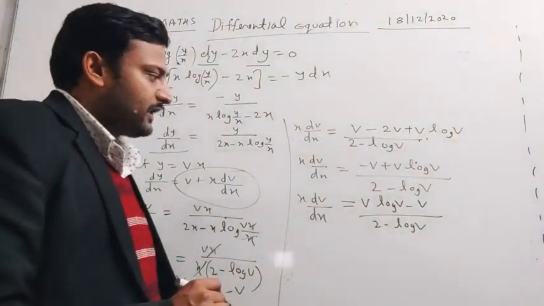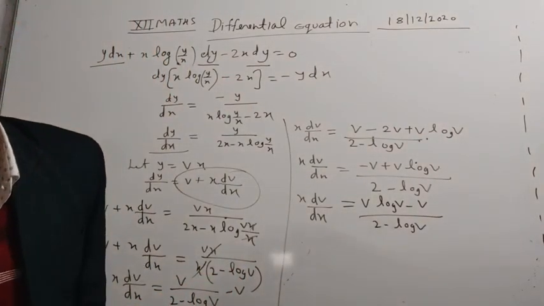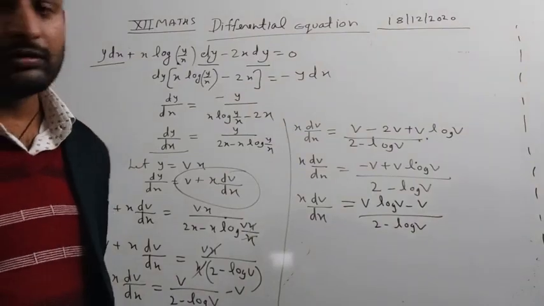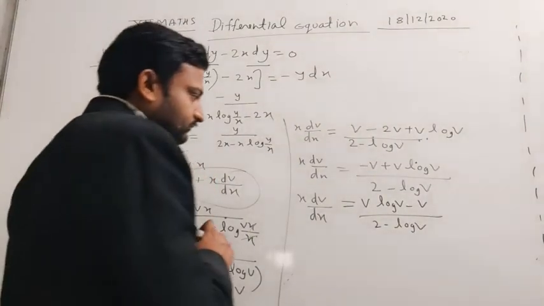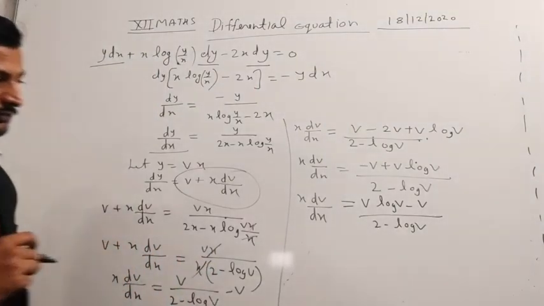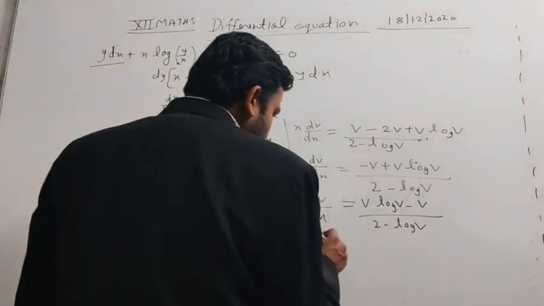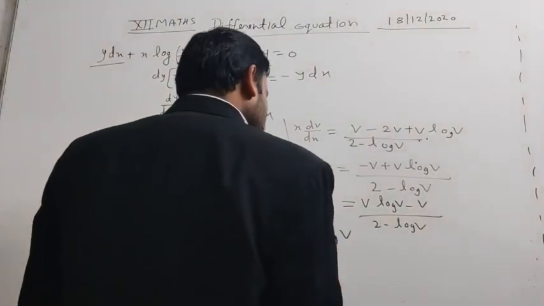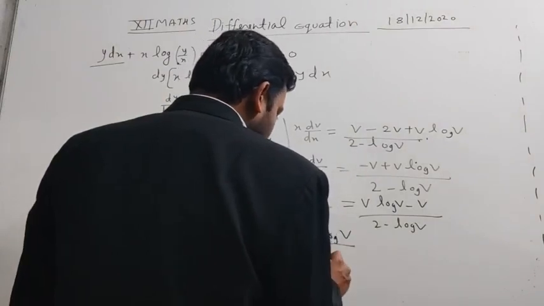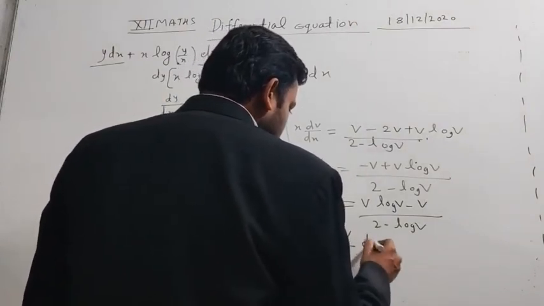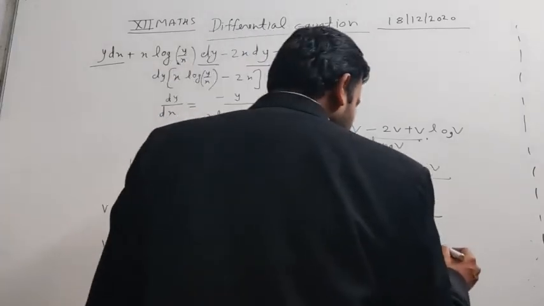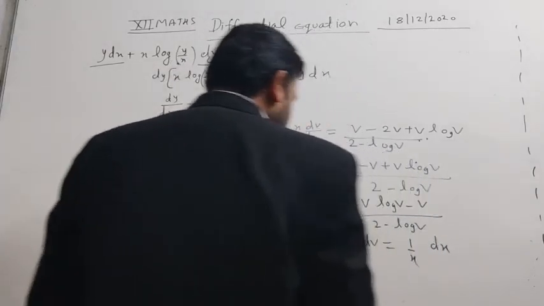Now we separate the variables from here. We write 2 minus log v by v log v minus v dv equals dx by x.